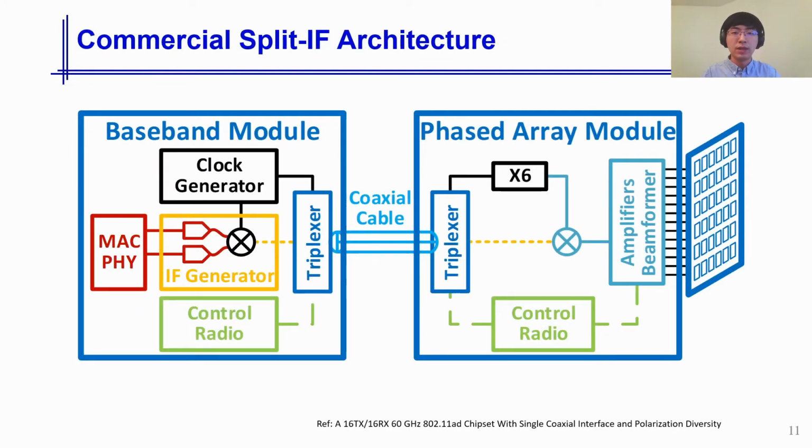Based on the measurement findings, the architecture of the 2 modules can be reconstructed like this. Briefly speaking, both the data signal and phased array control commands are generated by the baseband module. If we can hijack the coaxial cable and replace the baseband module with a customized data and control signal generator, then we can convert the entire radio into a software-defined radio.